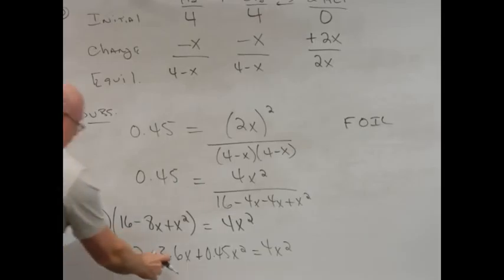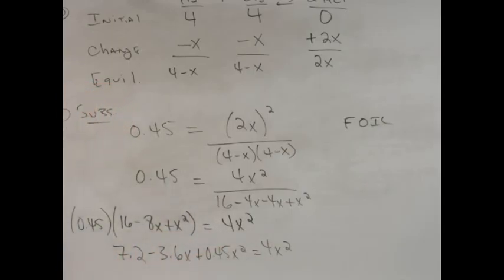Moving everything from this side to this side. So when we look at what happens there, 4x squared stays on the one side. I'm moving over the 0.45, so I'm taking away 0.45 x squared.